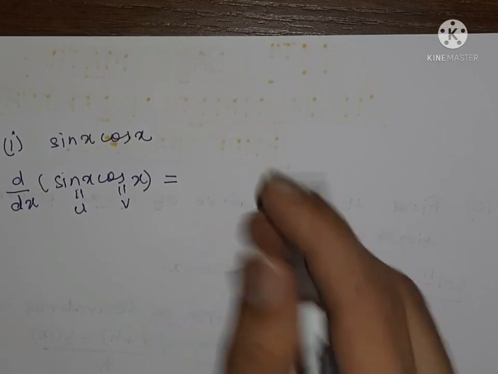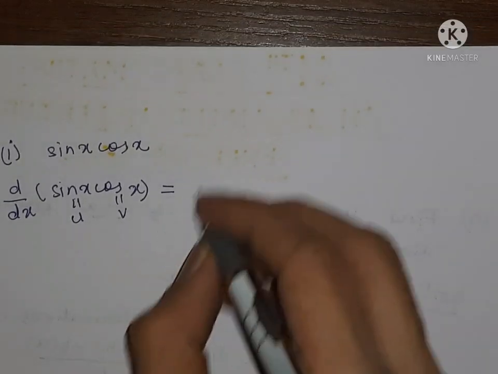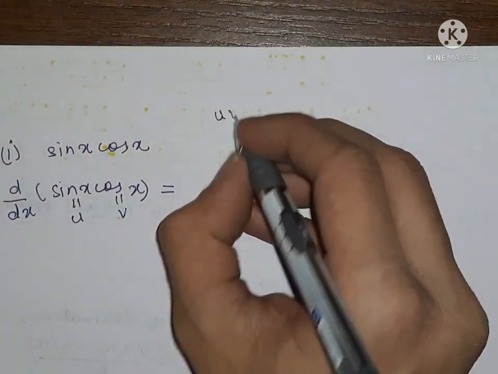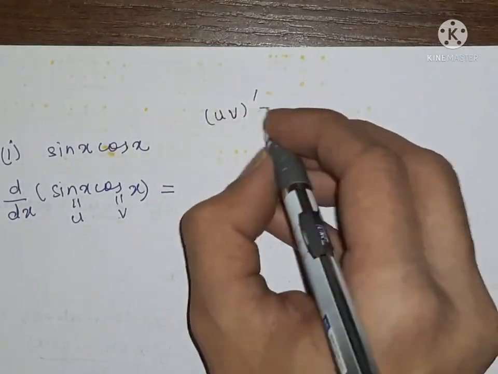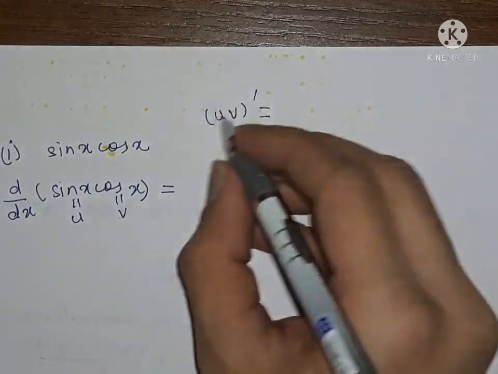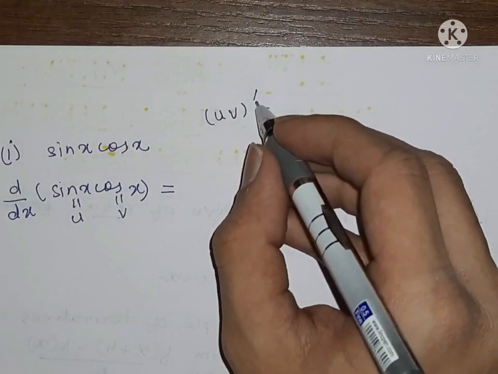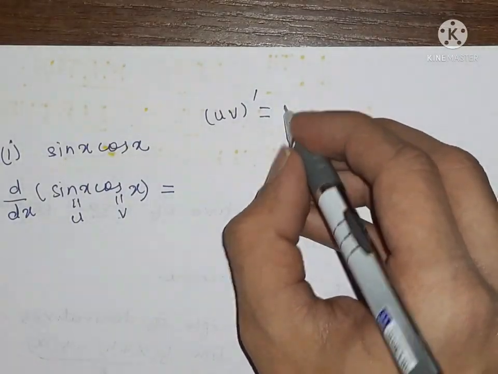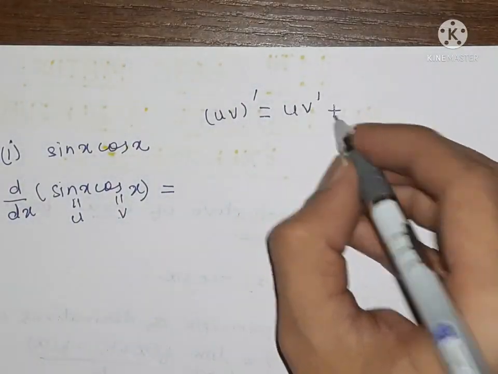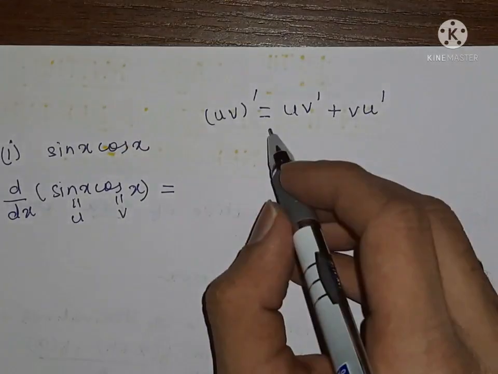So what is the formula for derivative of uv? If you look at the formula, (uv)' means d by dx of uv. Prime means derivative. So (uv)' is equal to uv' plus vu'.